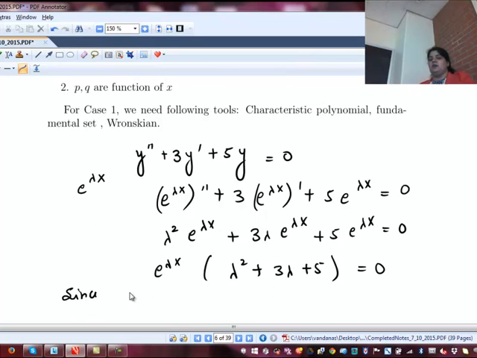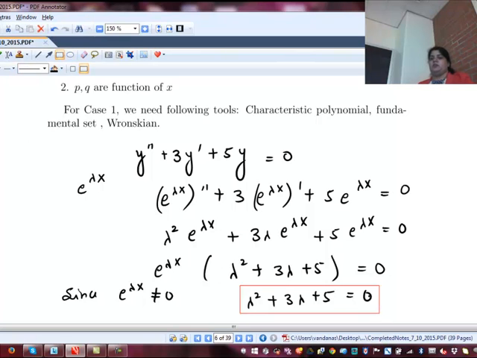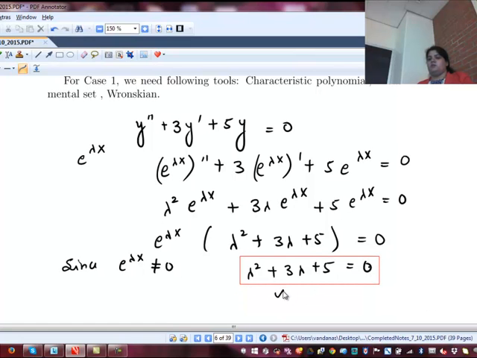Since e to the power lambda x is non-zero, this has to be 0. There is a name for this equation. It is called the characteristic equation.